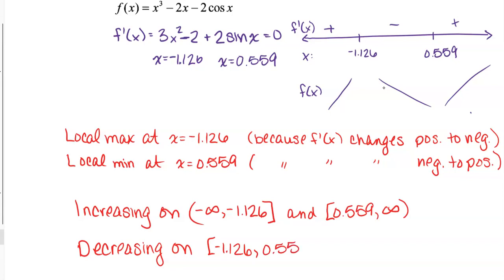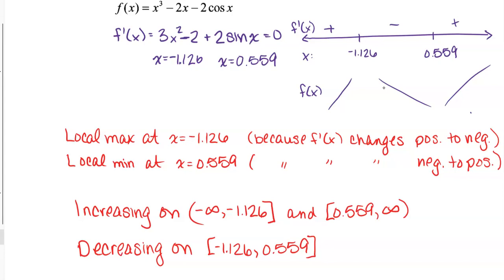This square bracket thing is a little weird, because it's almost like saying that right here at this local max, at the x value negative 1.126, our function is both increasing and decreasing. And that seems odd. It seems almost incorrect.